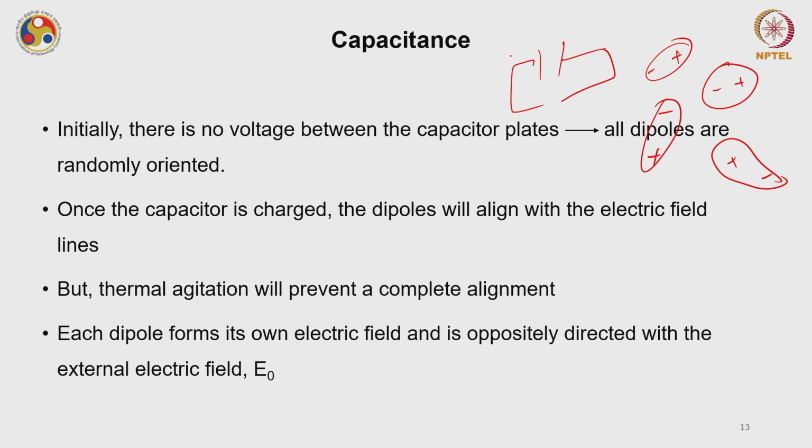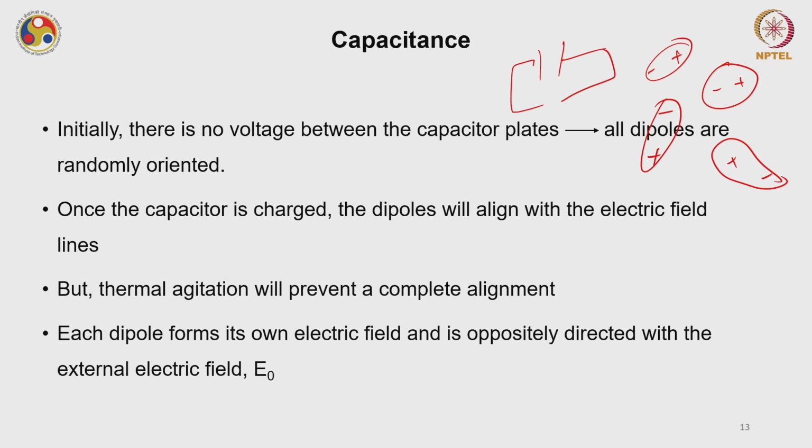We have already seen the electric field lines in the case of a parallel plate capacitor. However, thermal agitation will prevent a complete alignment. Thermal agitation will not allow these dipoles to align with the electric field completely. Most of them will align, but it will not allow the process to complete.